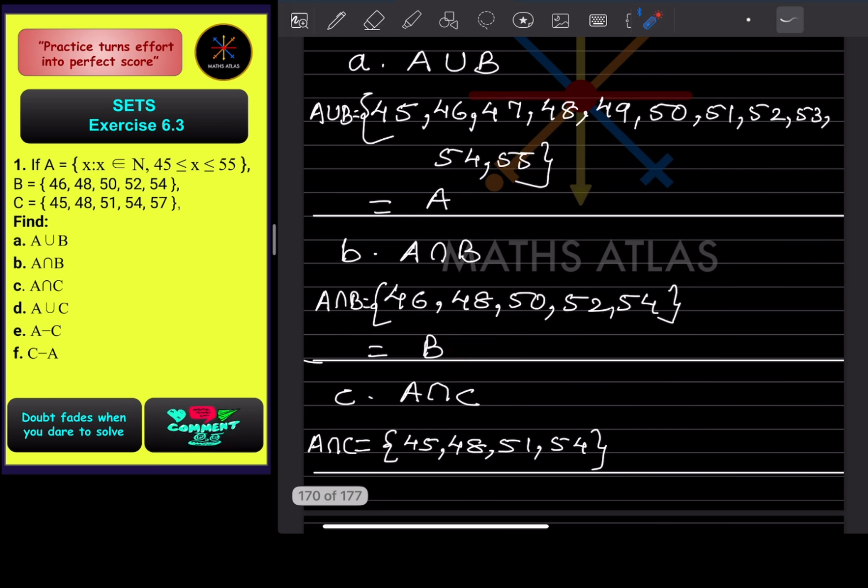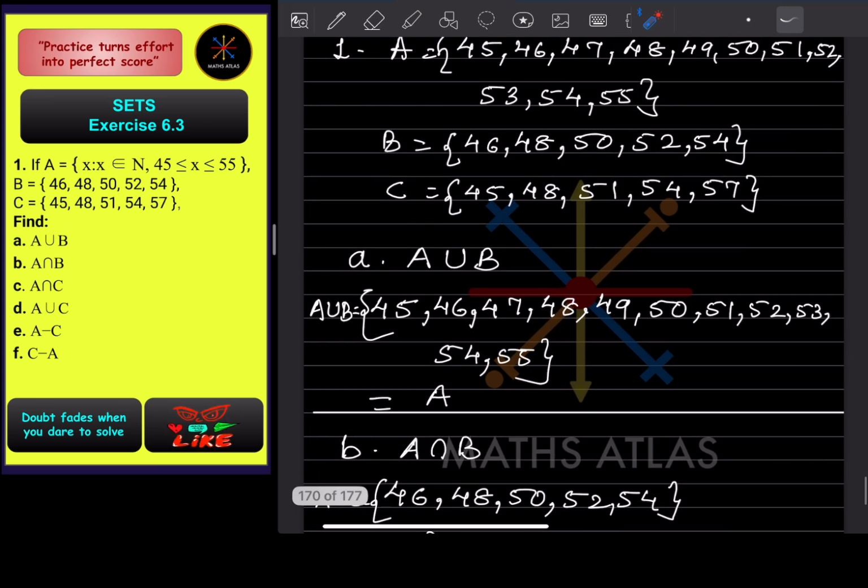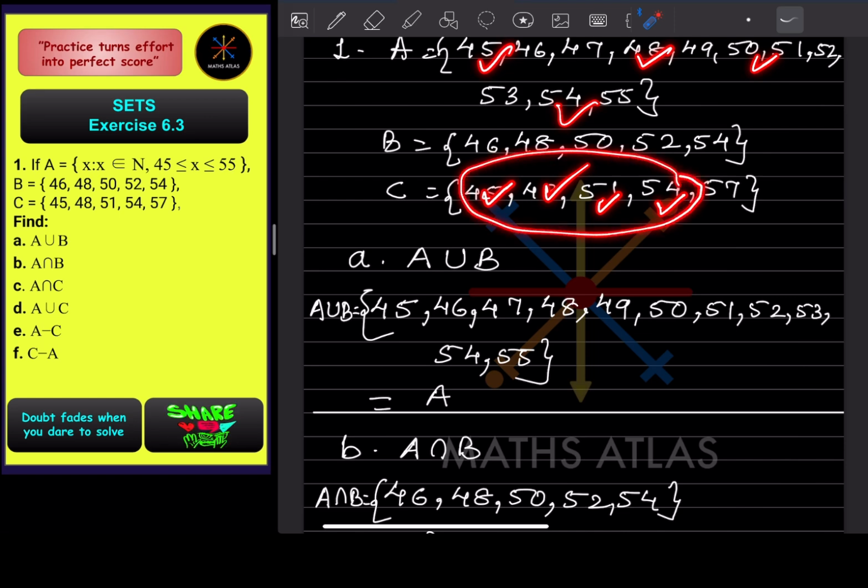Now for A intersection C, A and C: 45, 45, 48, 48, 51, 51, 54 and 54. So we can see only 4 numbers.